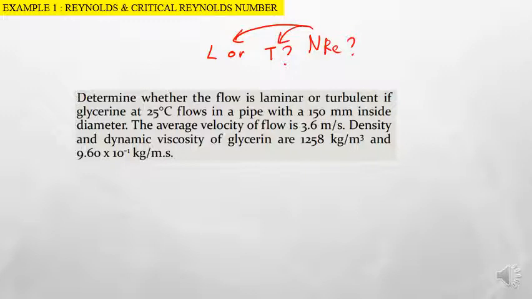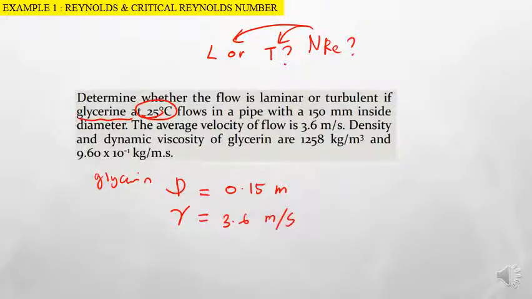The fluid is glycerin, at a temperature of 25 degrees C, and it flows inside a pipe. The diameter of the pipe is 150 millimeter, and we change it into SI unit, 0.15 meter. The average velocity of the flow is 3.6 meter per second.